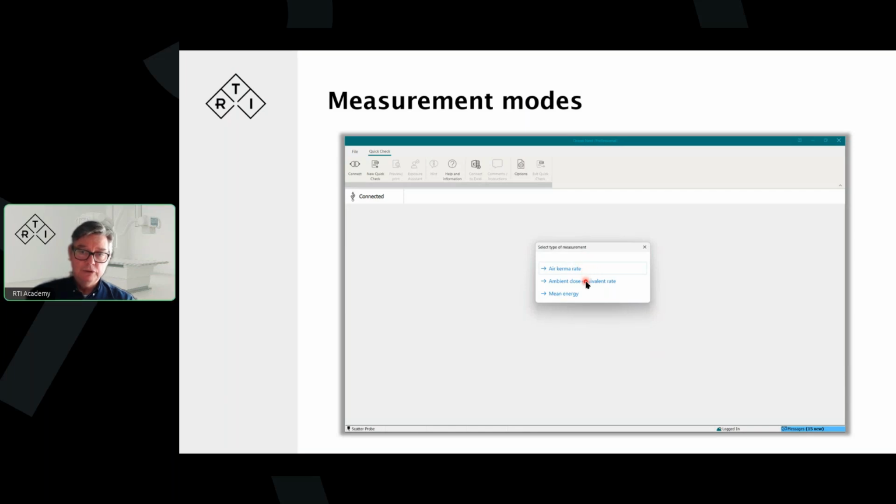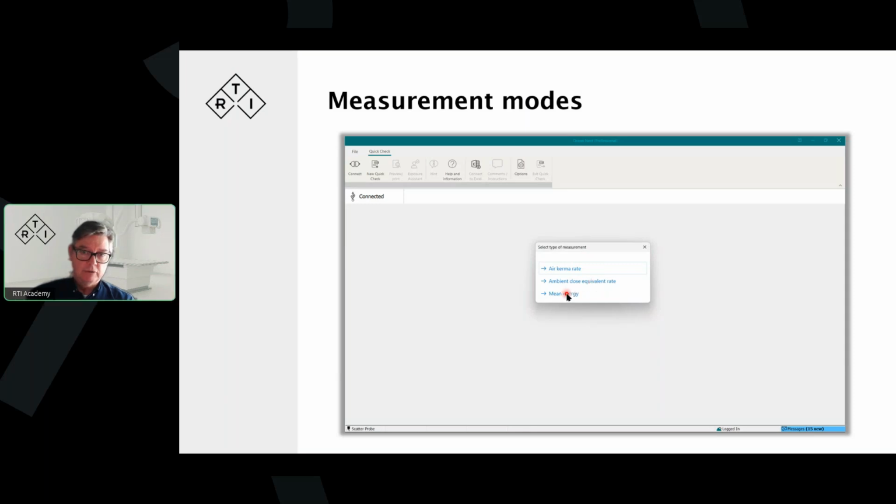If you want to do a room survey, for instance, to check the radiation risk levels, then you'd be looking at the ambient dose equivalent, and the measurement unit is sievert, microsievert, millisievert, or whatever you reach.